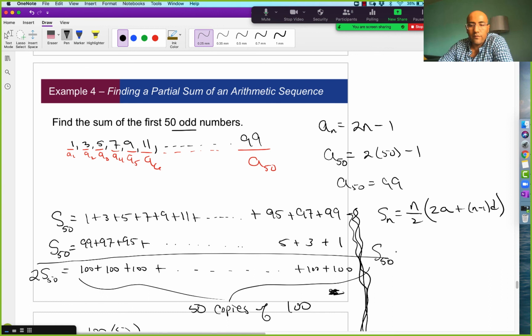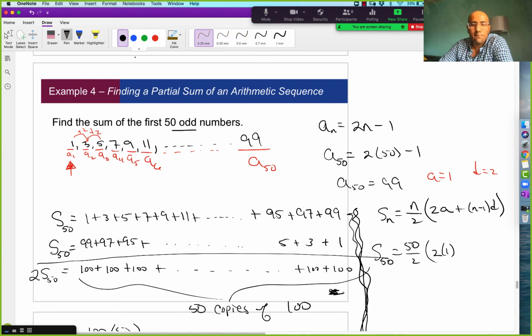The first 50 numbers is going to be equal to 50 over 2 times twice the initial number, which was 1. Right? This is for us, a equals 1 from there. And the common difference, well, that's easy to tell. The common difference is going to be to always add 2. So d equals 2.